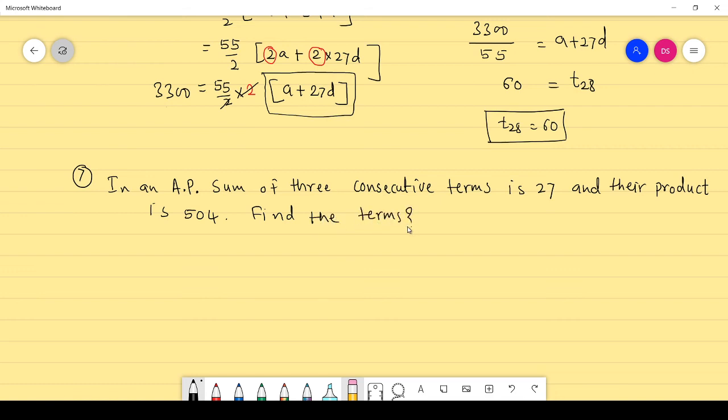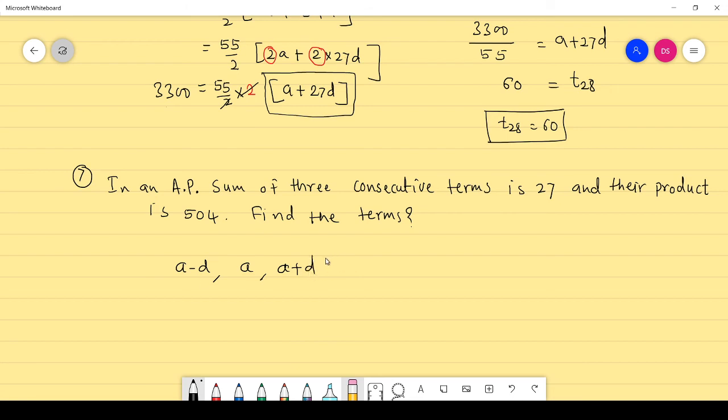Right, now this is the question. In the textbook itself, they give you the hint for the three consecutive terms. Any term it is, but out of those three numbers, the first number is A minus D, the second number is A, and the third number is A plus D. So these are the three consecutive terms.